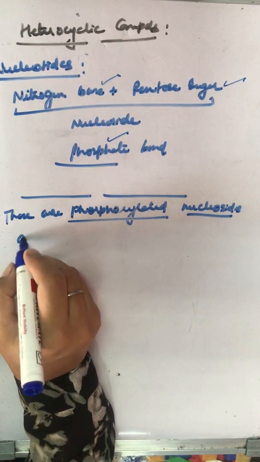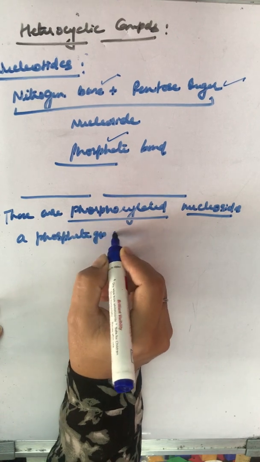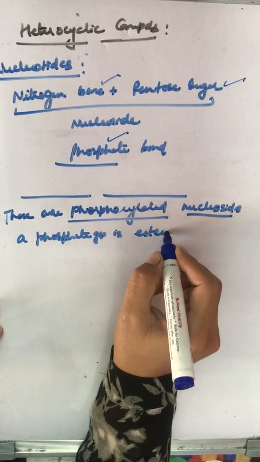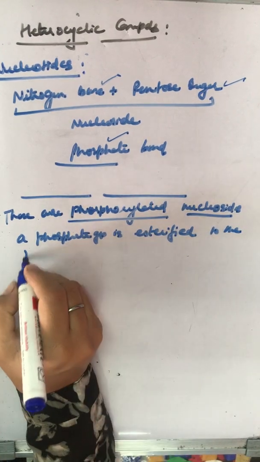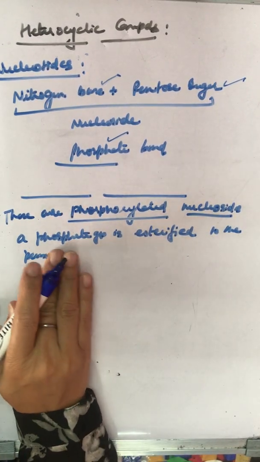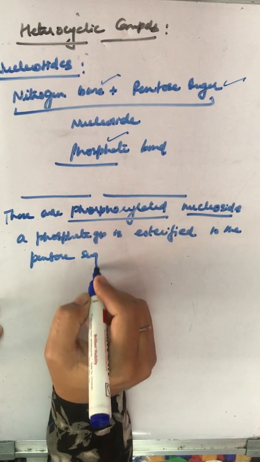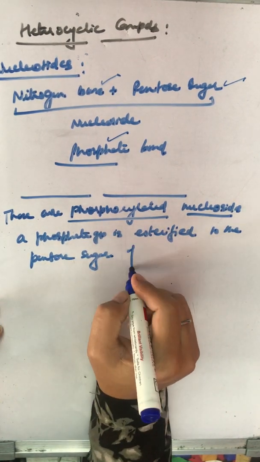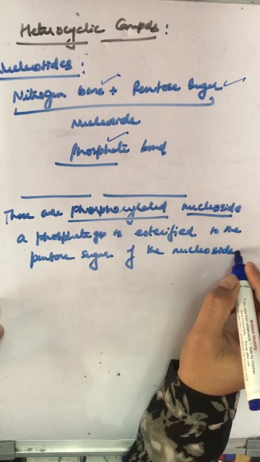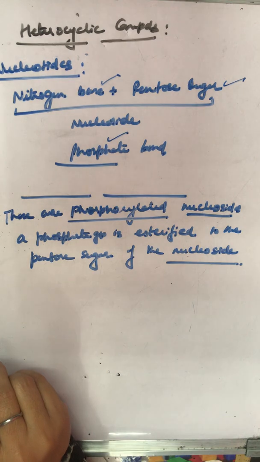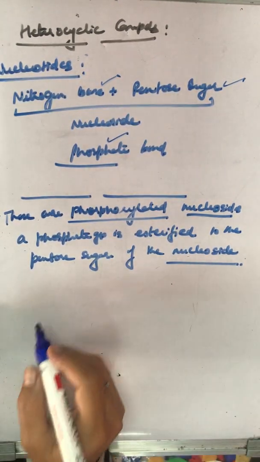That means a phosphate group is esterified to the pentose sugar of the nucleoside. Now here, how will the name change?